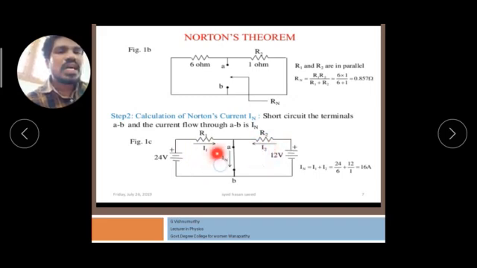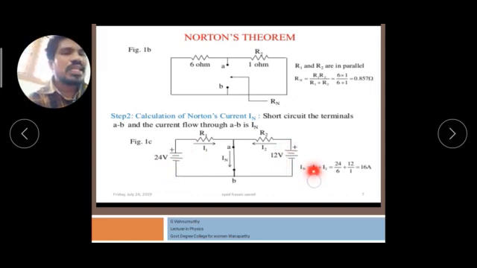Here I1 corresponds to the 24 volts, and I2 corresponds to the 12 volts. The total current IN is equal to I1 plus I2. We know that R1 is 6 ohms, R2 is 1 ohm, V1 is 24 volts and V2 is 12 volts.